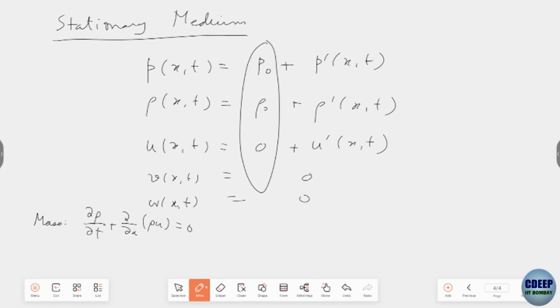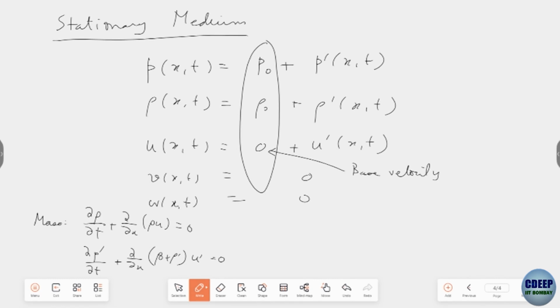Because our base velocity is 0, and rho naught is independent of time, this becomes simply dou rho prime by dou t. Del x of rho is rho naught plus rho prime into u prime, because there is no u naught, and the rho prime u prime is very small compared to all the first order terms. So this is a quadratic term.